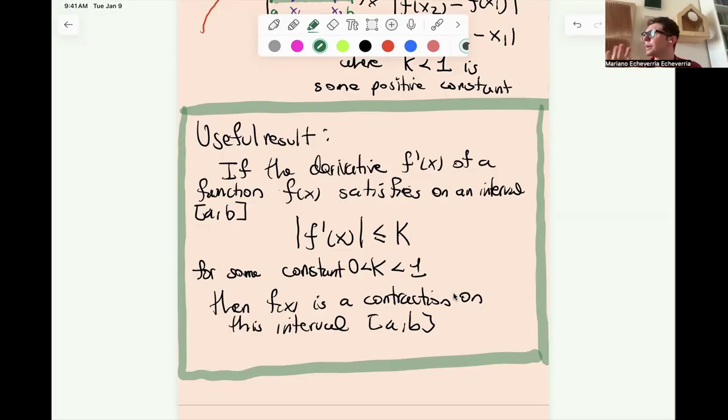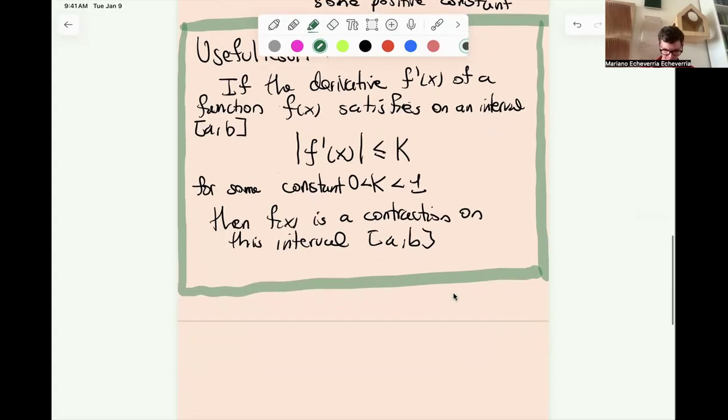Then I'll do an example illustrating this fact to show you how you use it in practice. But here's the reason why this is true. It is really because of the fundamental theorem of calculus. So why is this true?